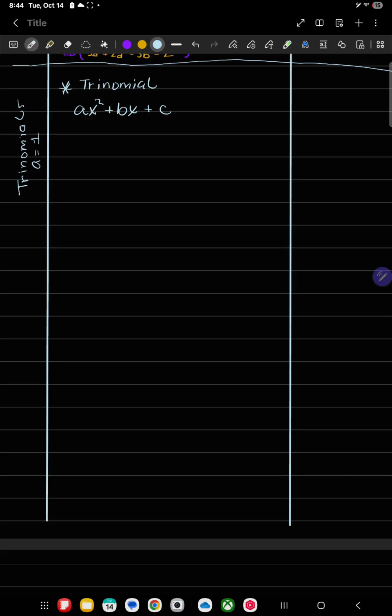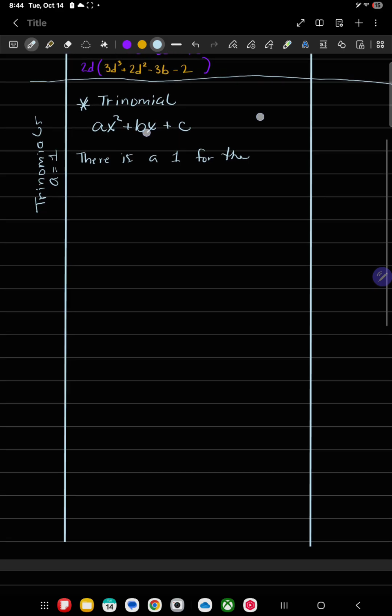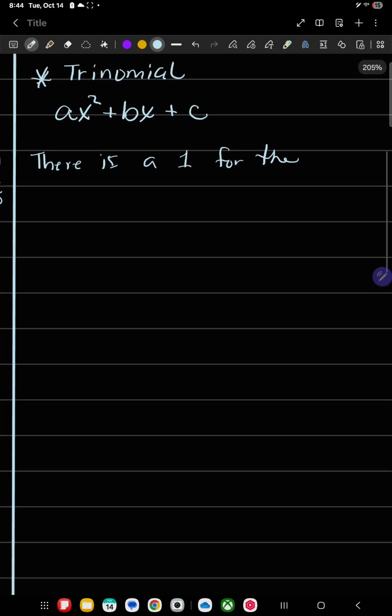And when it looks like that, there is a 1 for the coefficient of the a term.